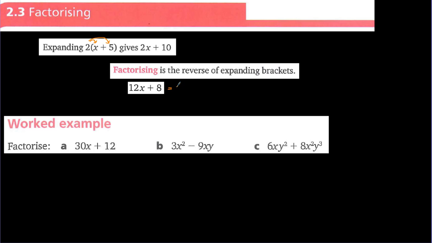So I'm going to write 4 times 3 times x plus 4 times 2, and the 4 is the common term for us.